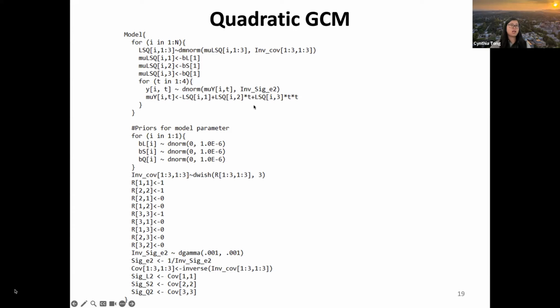And then these random coefficients together follow a multivariate normal distribution with 3 dimensions, and then we have these 3 means. So we have to specify priors for all these 3 parameters, and then we specify a prior for the precision matrix, and then in the same way we transform it back to the variance, covariances, and that's how we do it.